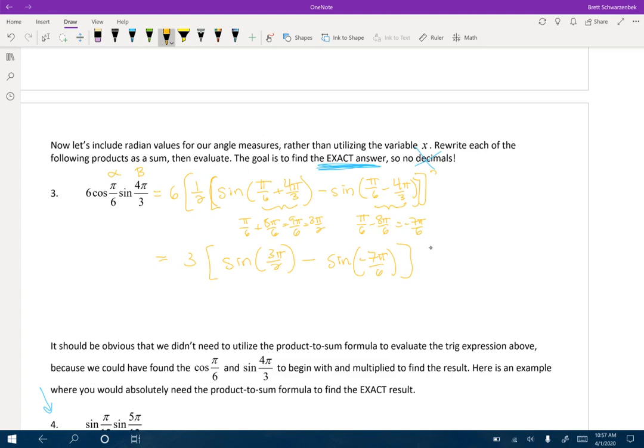So first things first, remember 3 pi over 2 is located at the bottom here at (0, negative 1). So the sine is going to be, in this scenario, the y coordinate, which is negative 1. So we got 3 so far, we got negative 1 right here for this whole expression.